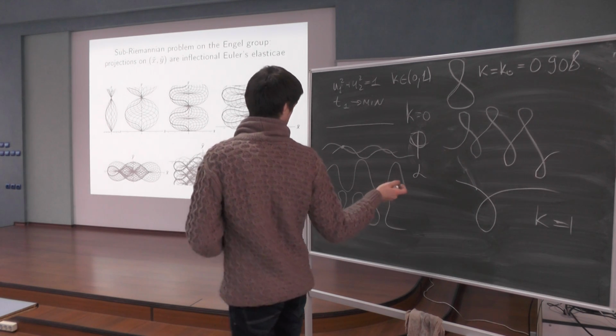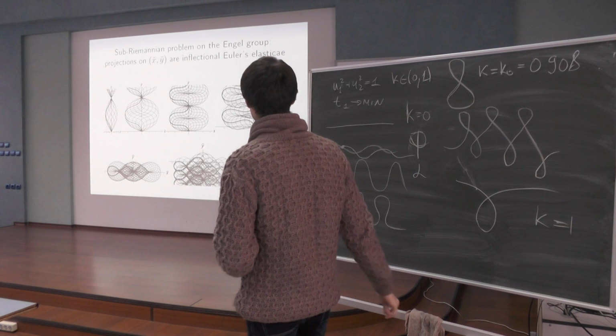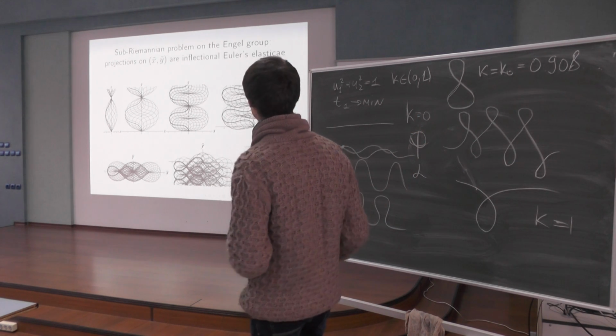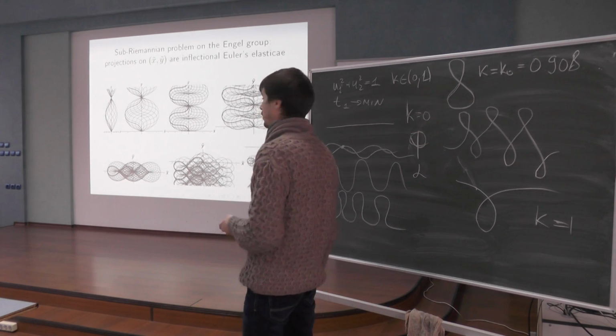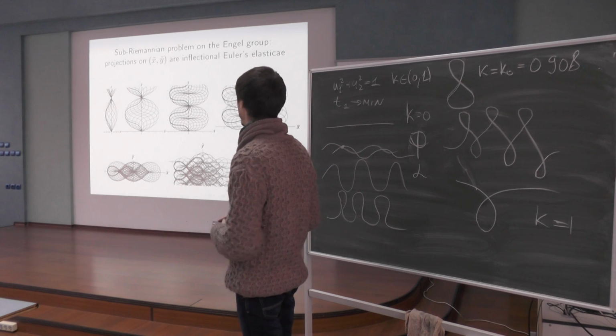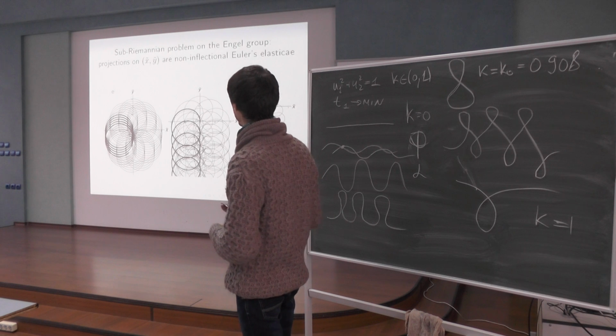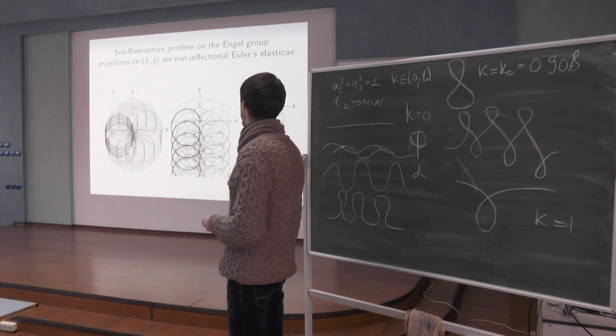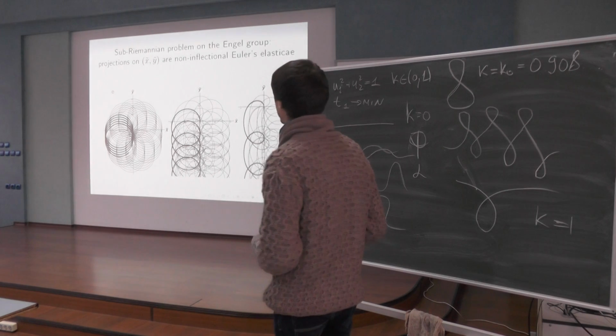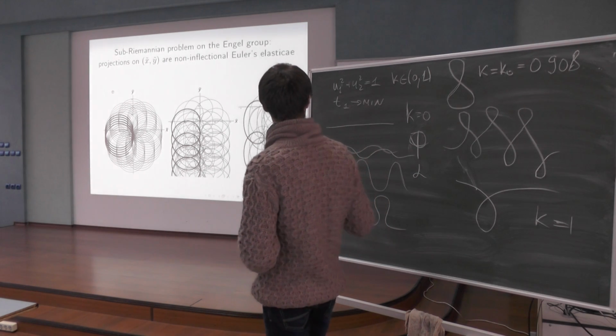and this mapping from 4 dimensions to 4 dimensions is called the exponential mapping, and it's defined also for non-inflectional elastica. These are elasticas which don't have inflectional points.